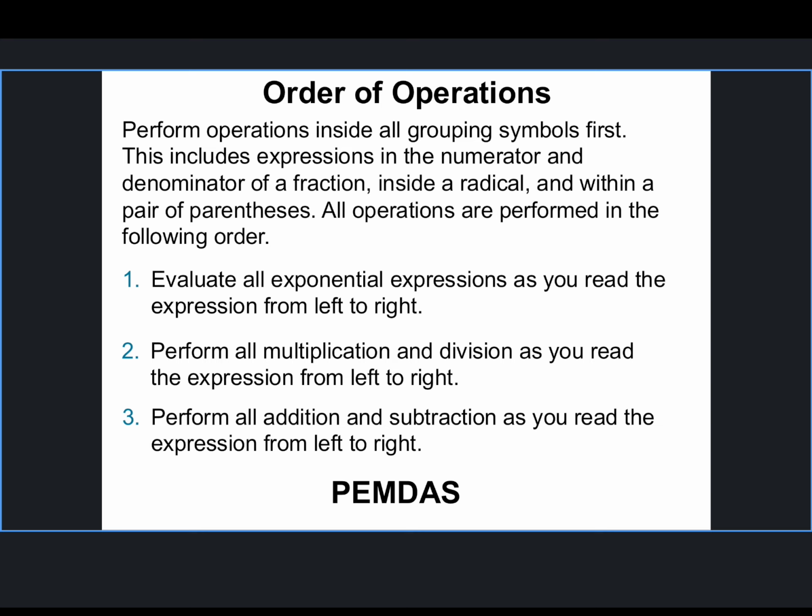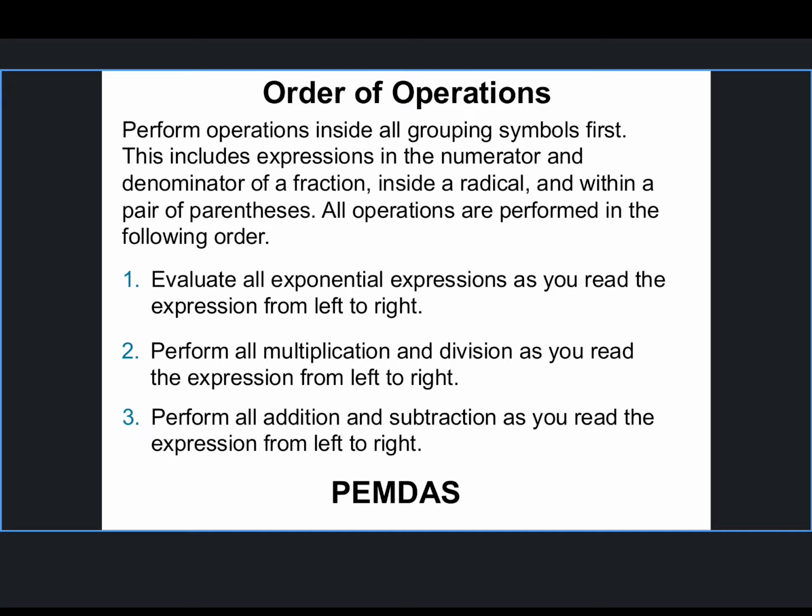Brackets, left and right hand brackets, also act as parentheses. So there's no difference between those. And then all operations we do are performed in the order that happens below.